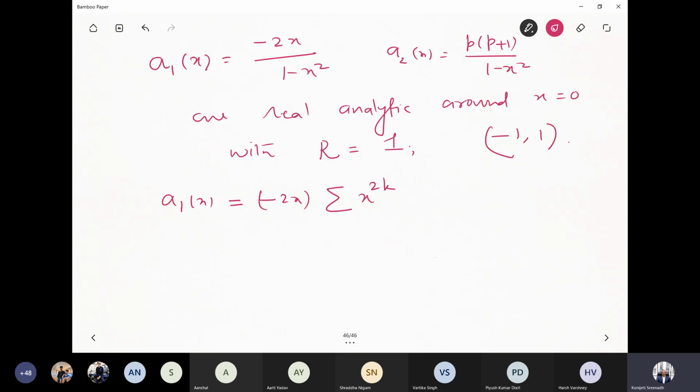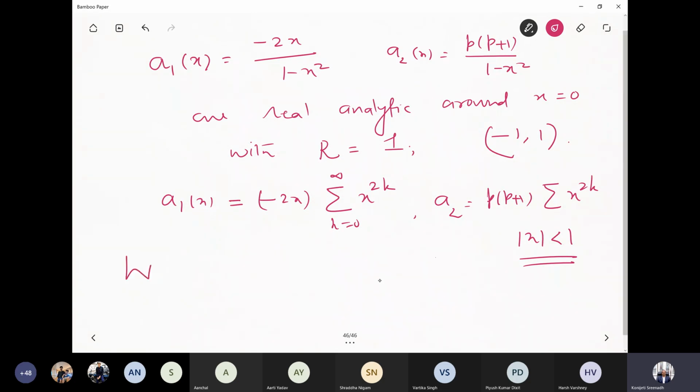Now replace t by x square. Similarly, a2 is going to be p into p plus 1 times the series in x power 2k. Both these things are valid for mod x less than 1.